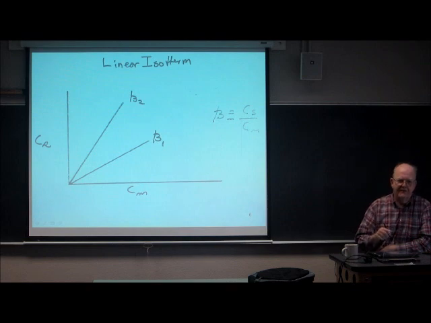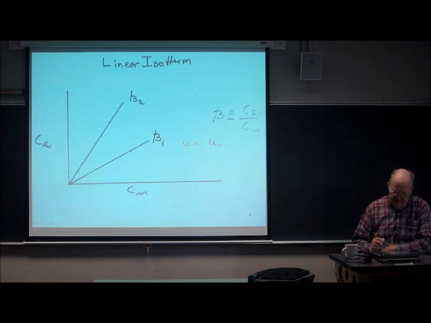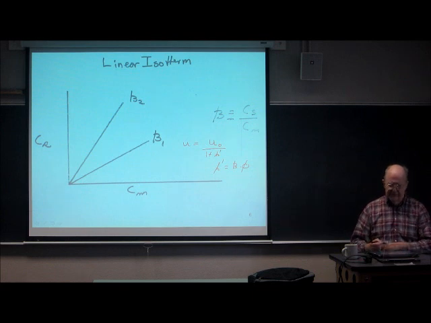The velocity of the solute zone is equal to the velocity of propagation of the mobile phase, which I can call u sub 0, divided by 1 plus k prime. And k prime would be equal to beta times the phase ratio.